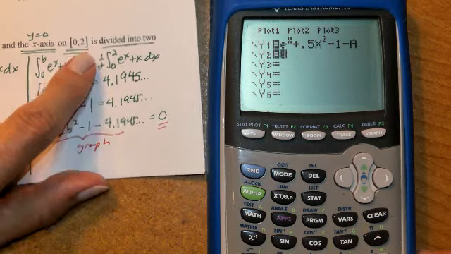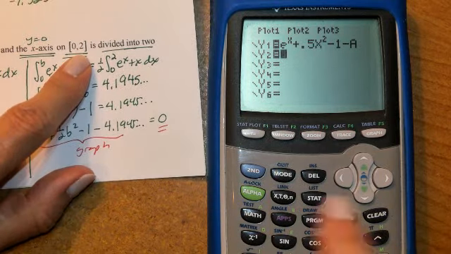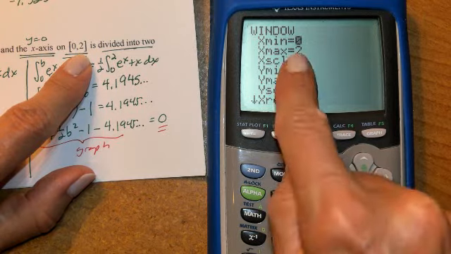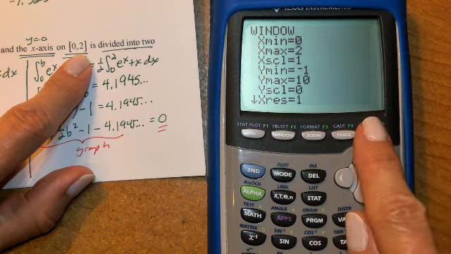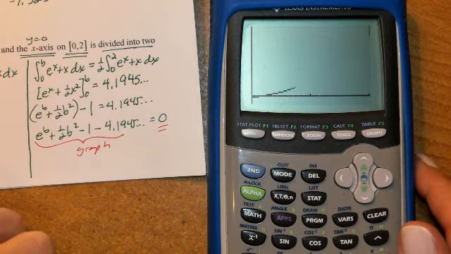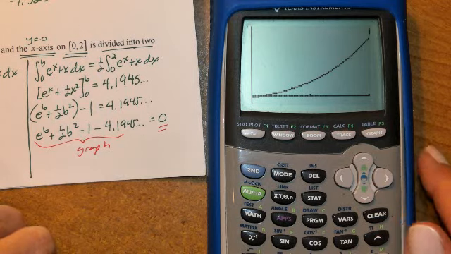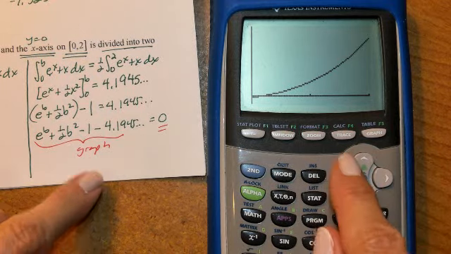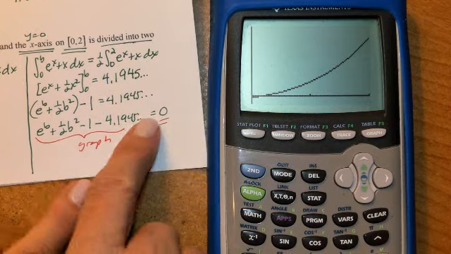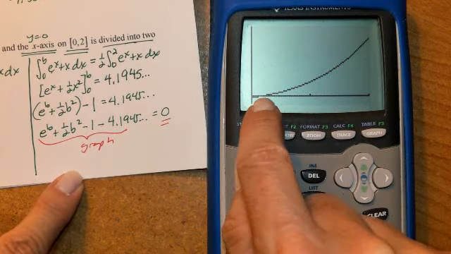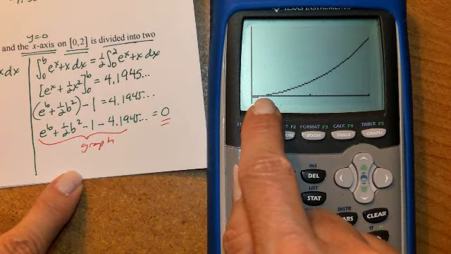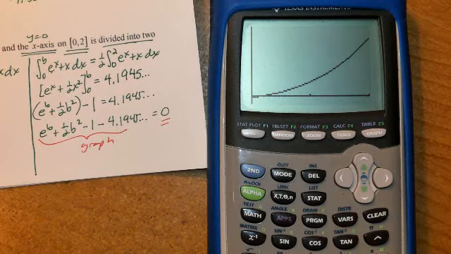Graph it, and it needs to be between 0 and 2, doesn't it? So window 0 to 2, that's still good. Let's see what I get. Oh, and I have my weird y values, but I think this will work. Yeah, it'll work. So where does this side equal 0? Right there. I need to find that value, and that value doesn't look right to me.